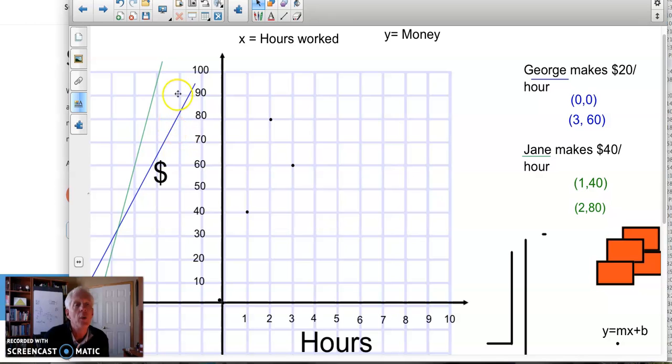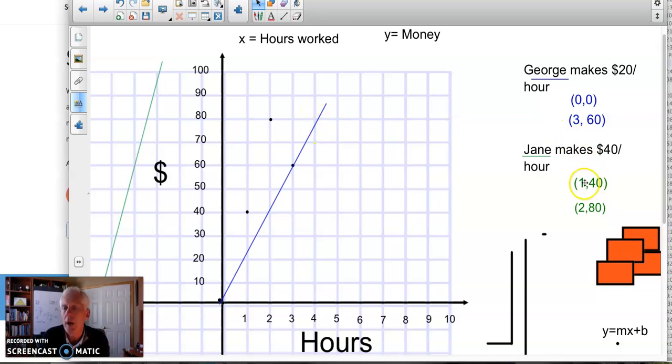So the blue line's already made. And there's George's graph right there. That graph shows how much money George will make depending upon how many hours he works. If he works for 1 hour, it'll be $20. 2 hours is $40. 3 hours is $60. 4 hours is $80, and he can work as long as he wants.